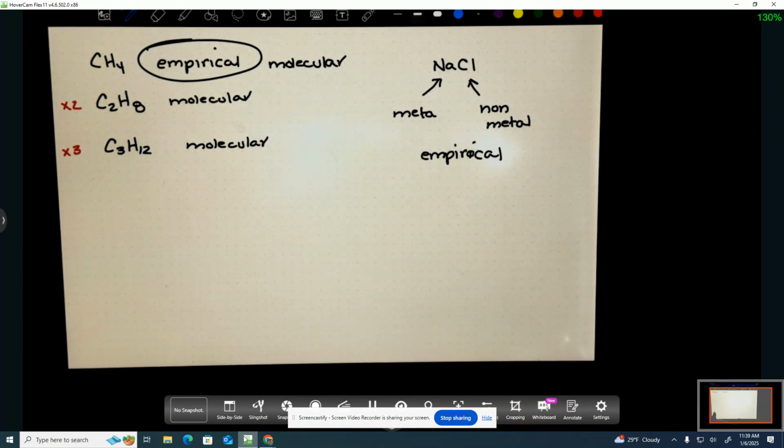There are no molecular formulas for a salt. But if you have a molecular formula, like methane or butane or propane or pentane or octane, all of those are going to be molecular formulas because they are molecules, and molecules are covalently bonded, and they will have an empirical formula and they will have molecular formulas. The empirical being the first one and the molecular being any multiple of the first one.